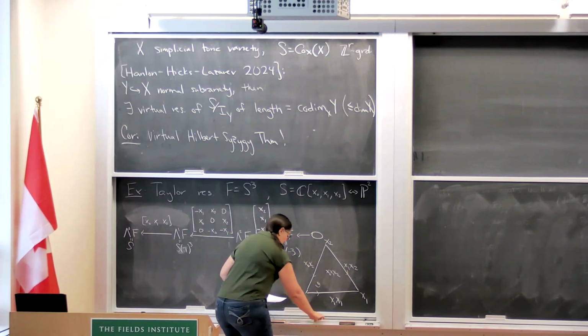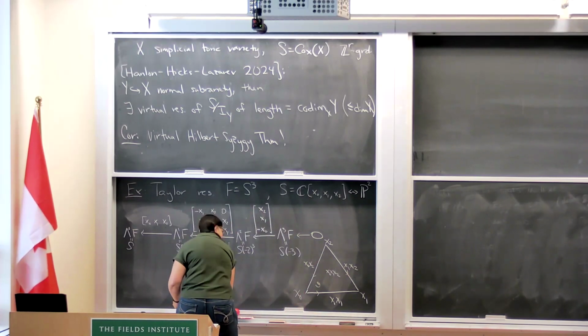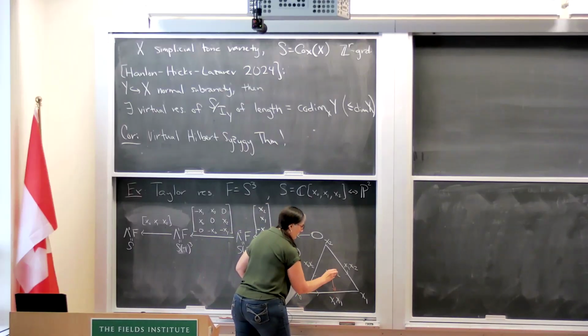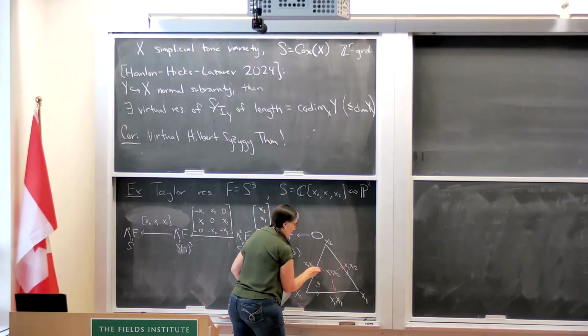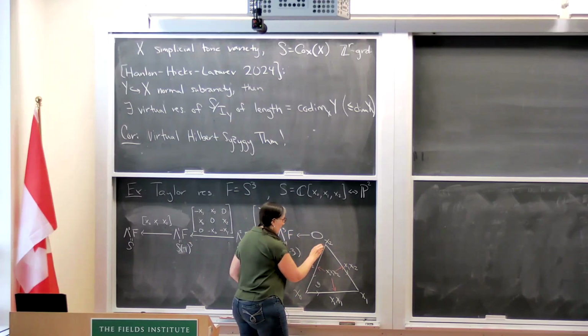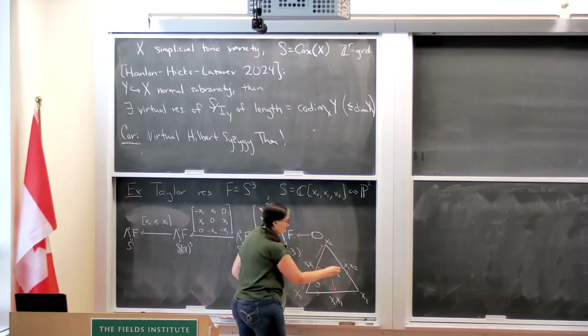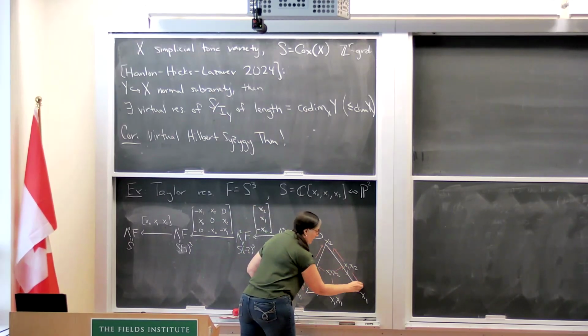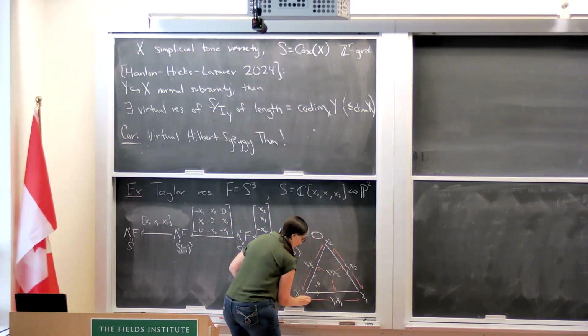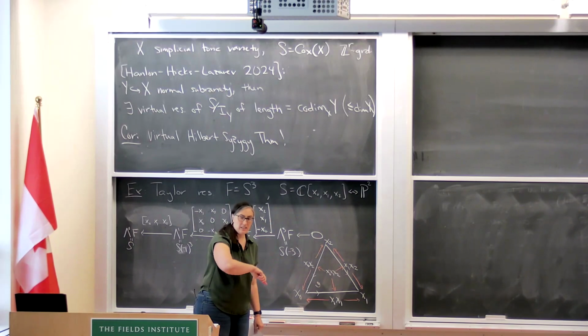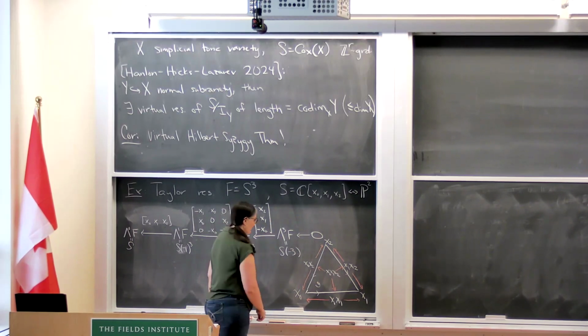All right, so now I need to do something else. I'm going to draw arrows from each face to the face one dimension down. So from the middle, I have three edges, and from this edge, I have a map to each vertex. And then I'm going to use my orientation, whether I'm with the orientation or against it, to assign a plus or a minus.